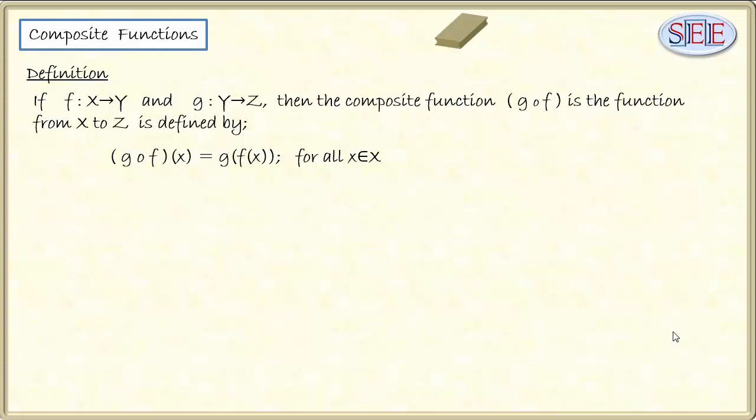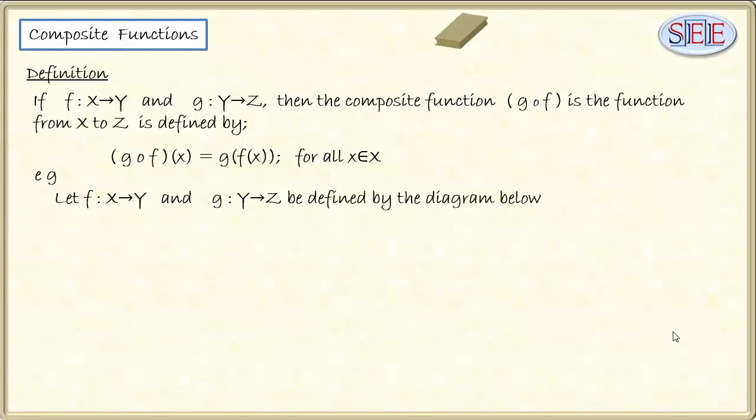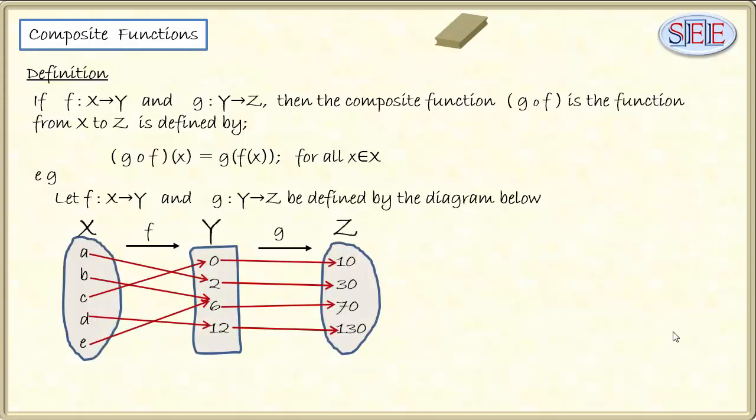Example: if we let f be a function from X into Y and g be another function from Y into Z, and those two functions are defined by the diagram below. Look at the diagram. If we are asked to find g of f of a, we are to find the image of a under this composite function. What we simply do is set it as g of f of a, and g of f of a is nothing but g of 2.